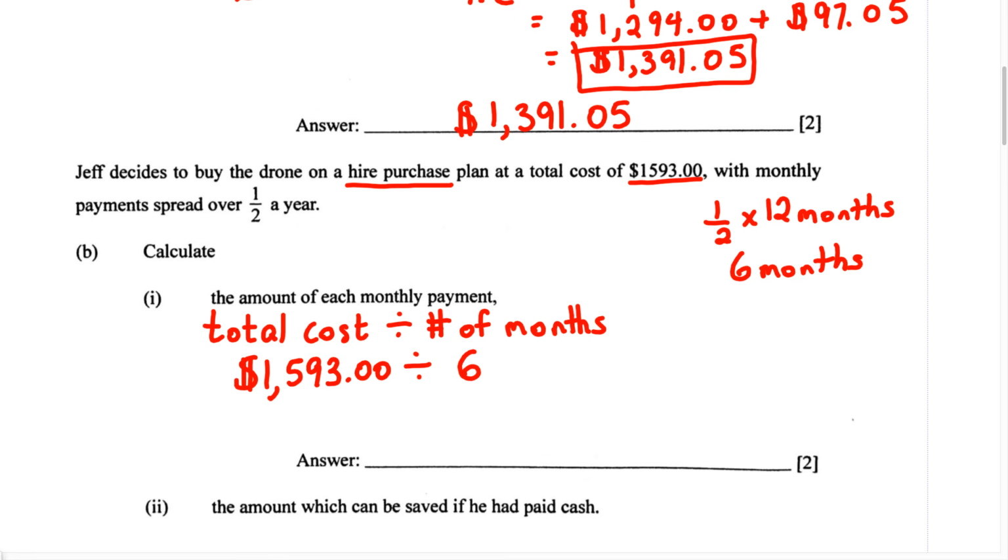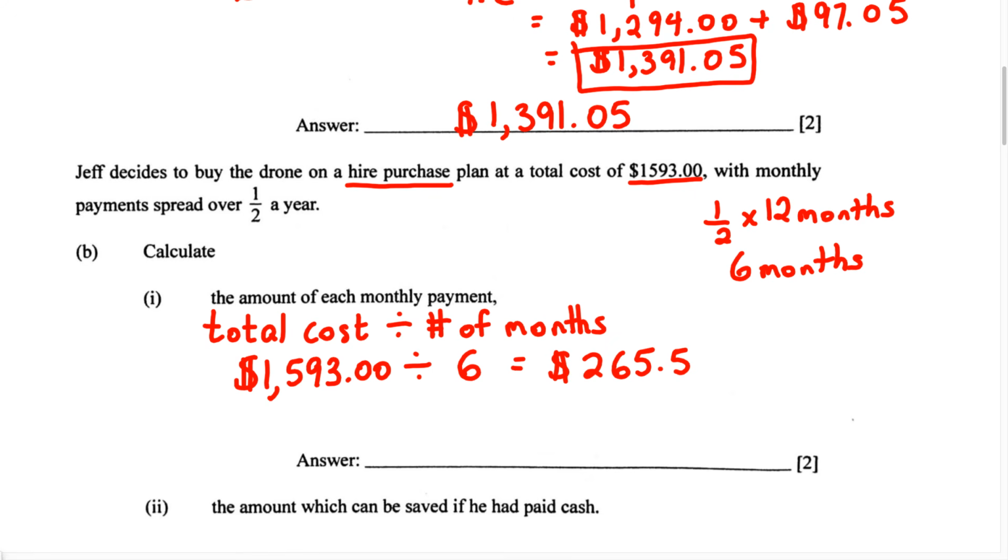Now, using our calculator, we're just going to say $1,593.00 divided by 6. And when we divide this, we get 265.5. But because we know we just found the amount of each monthly payment is going to be $265.